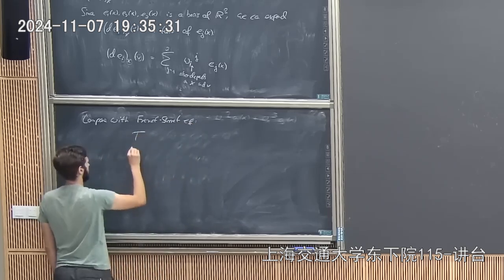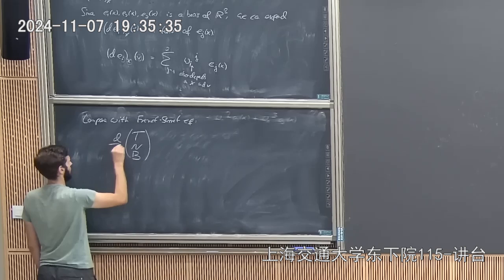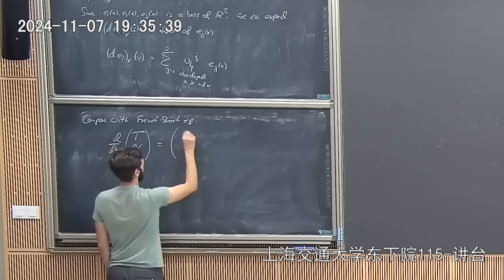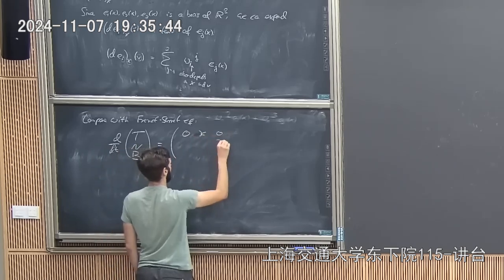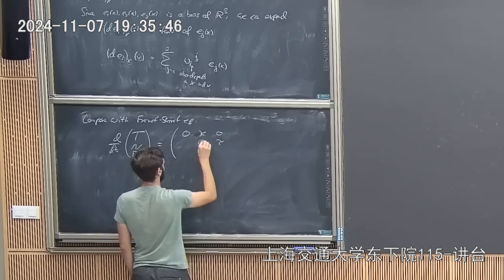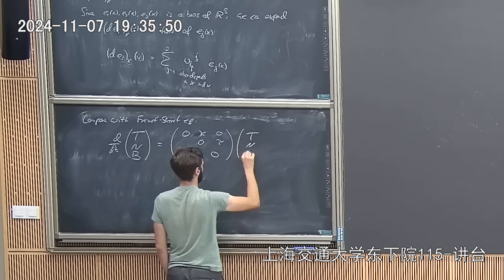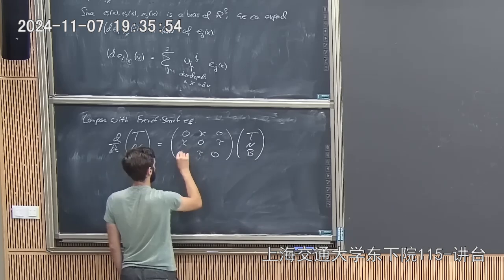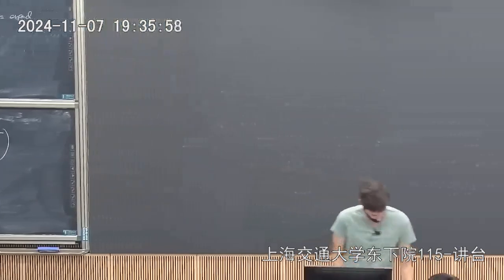Which was that we start with t and b here, and we take the time derivative, and what we end up with is that... then there's always the question of the signs.